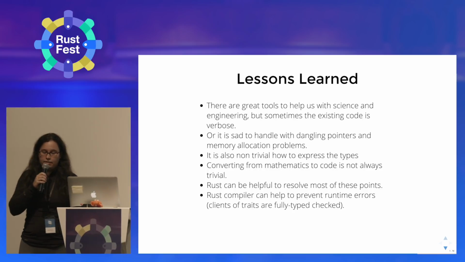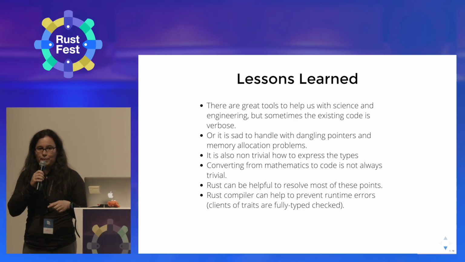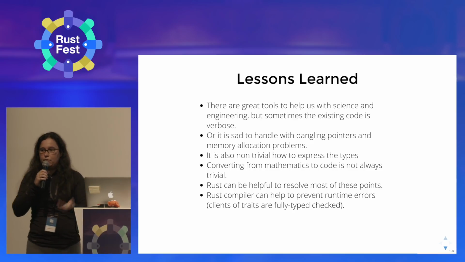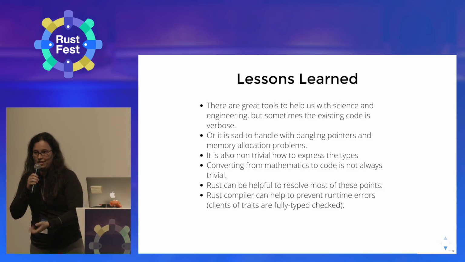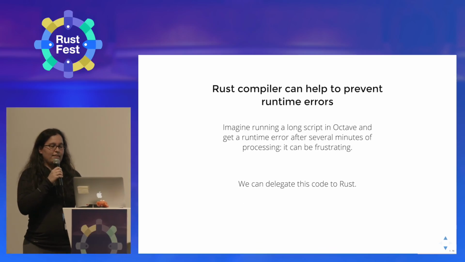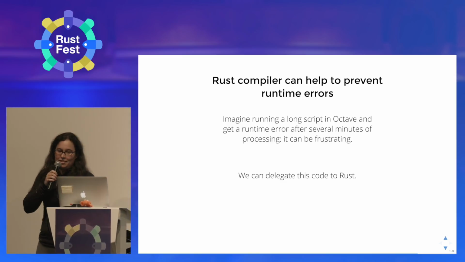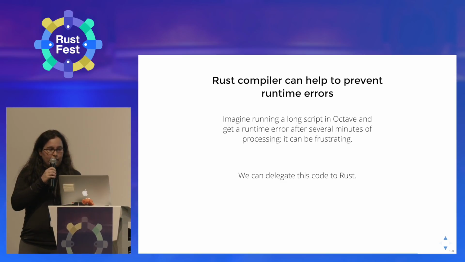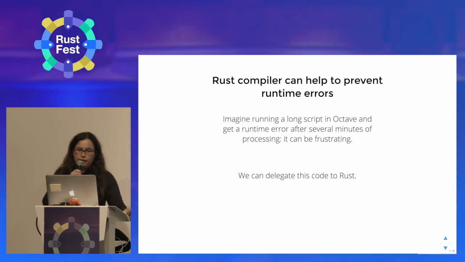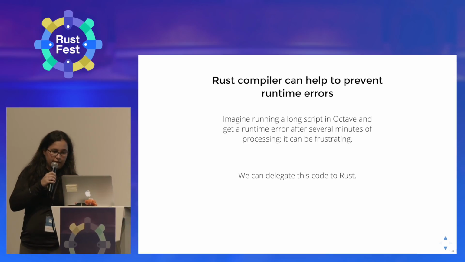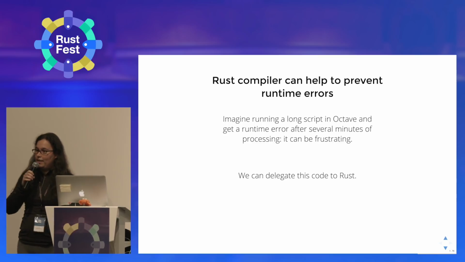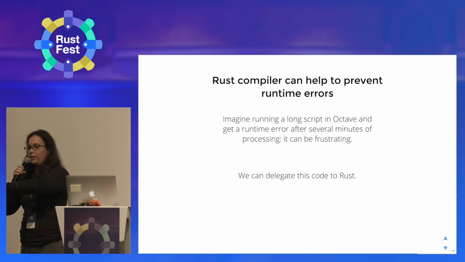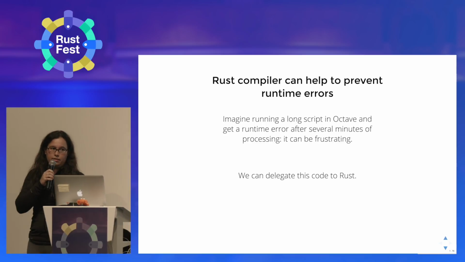And some of these problems can be avoided with Rust, because with certain types, the Rust compiler can tell you, hey, don't do that because it's wrong. One last thing about these runtime errors is that I don't have this responsibility anymore. I just throw this responsibility to the compiler in certain cases.